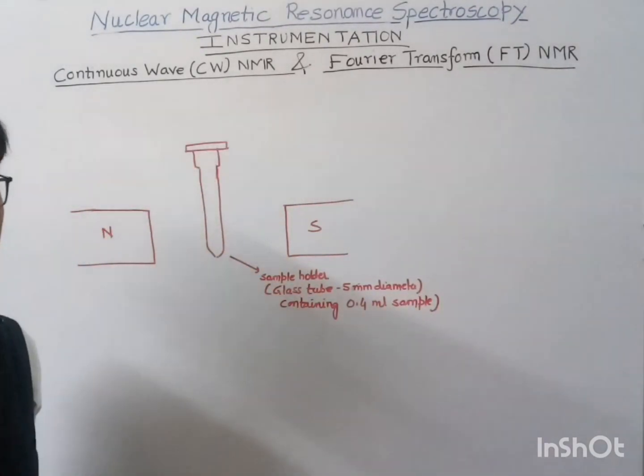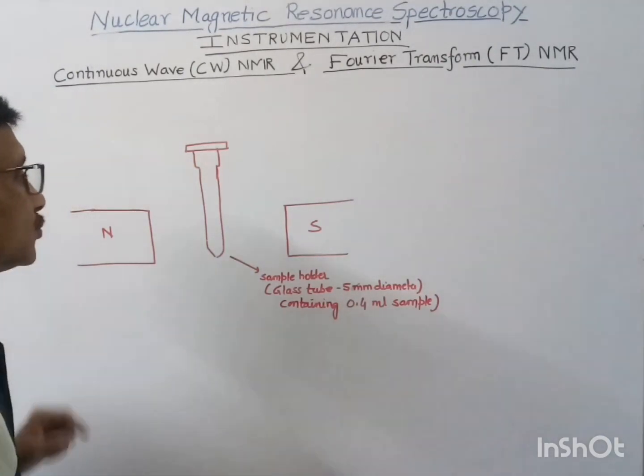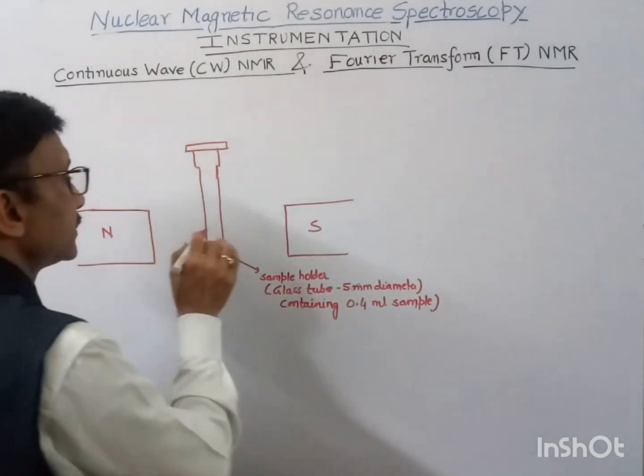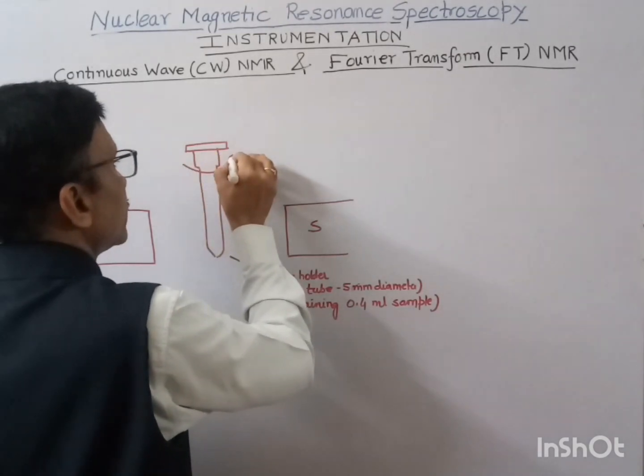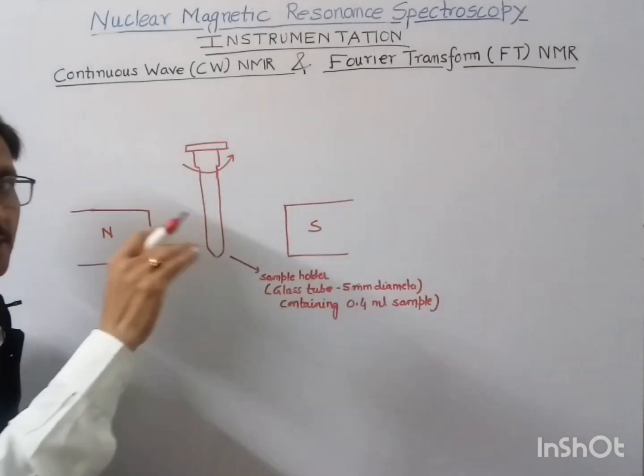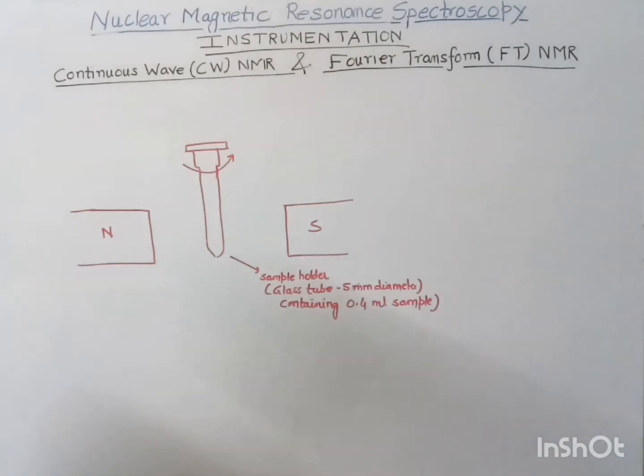Now this glass tube or sample holder is kept rotating. Actually, it is continuously rotating in between this strong magnet.